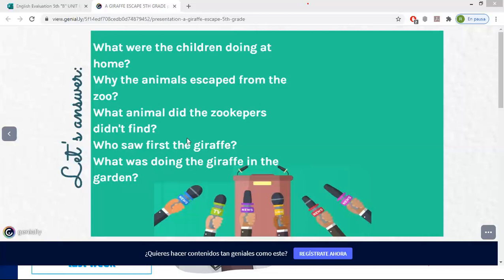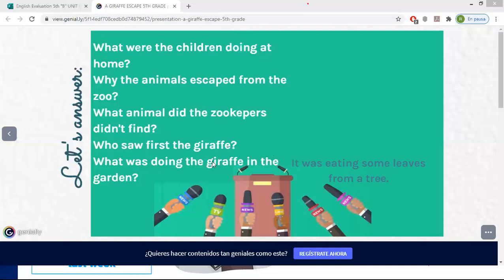Okay? Megan, please. What was the giraffe doing in the garden? Eating plants. Good. You have the idea? The giraffe was eating some leaves from a tree.